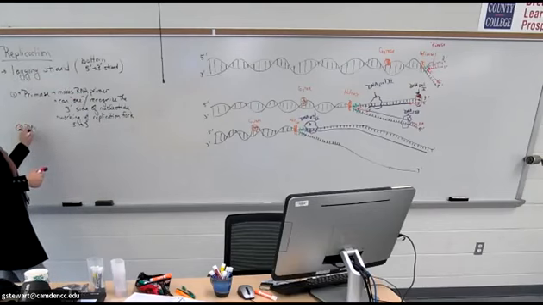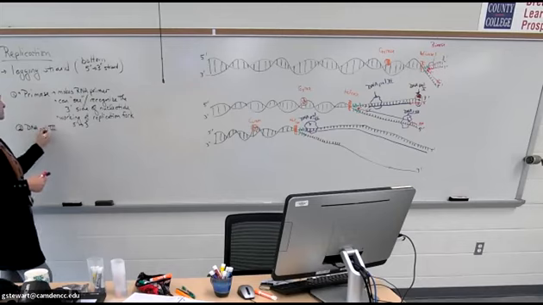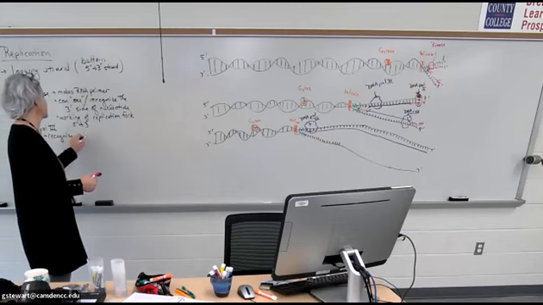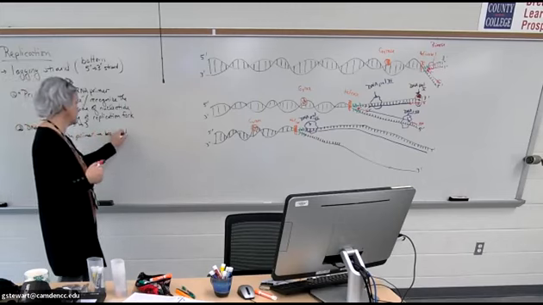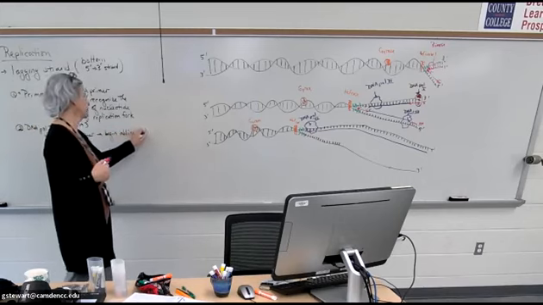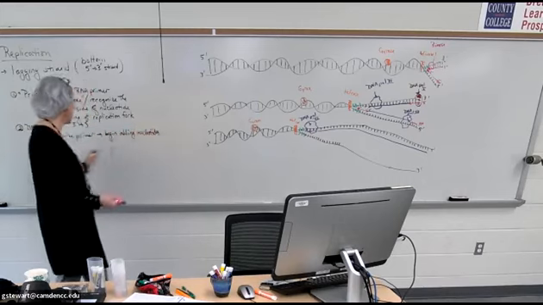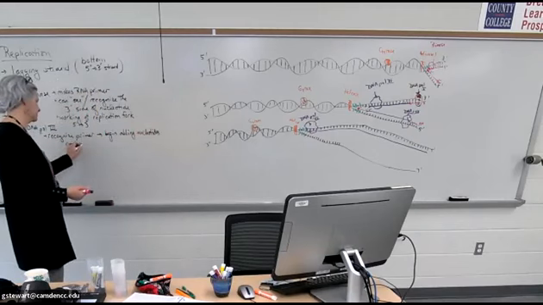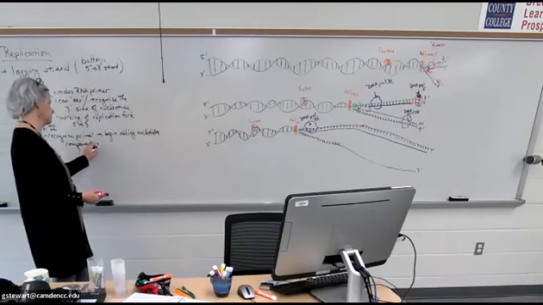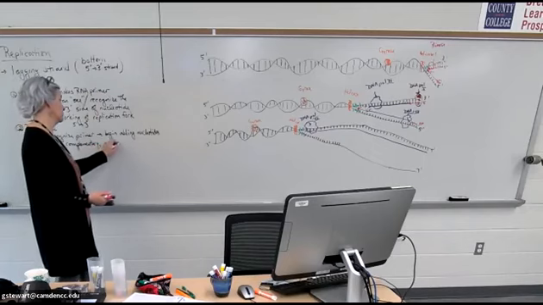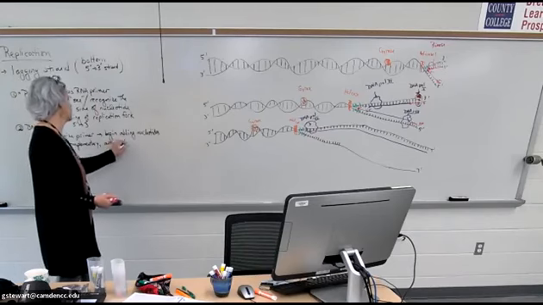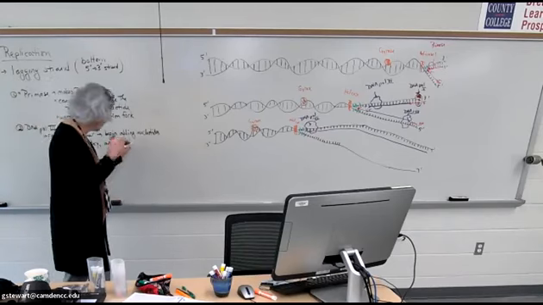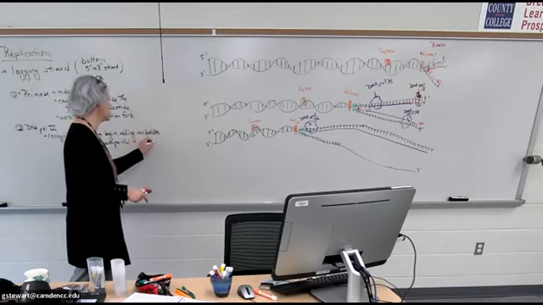Then DNA polymerase 3 is going to recognize the primer and begin adding nucleotides, complementary, anti-parallel. Away, again, away from the replication fork.